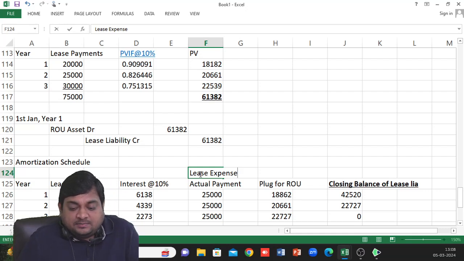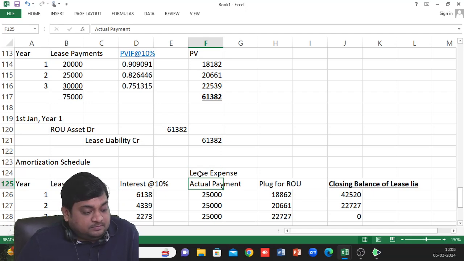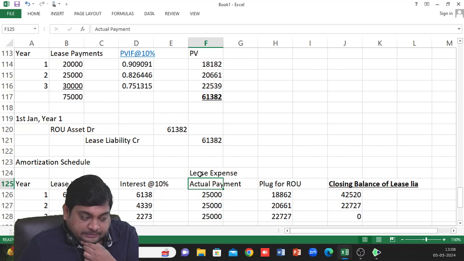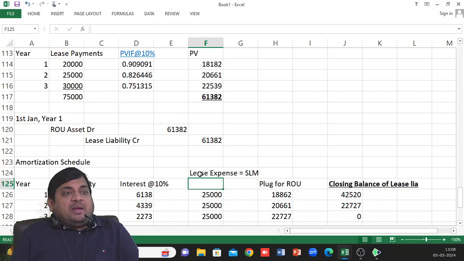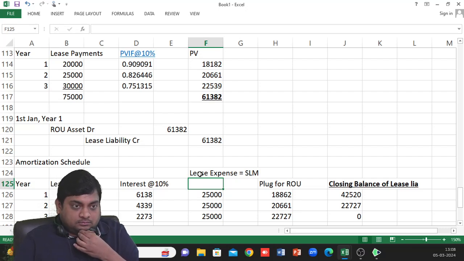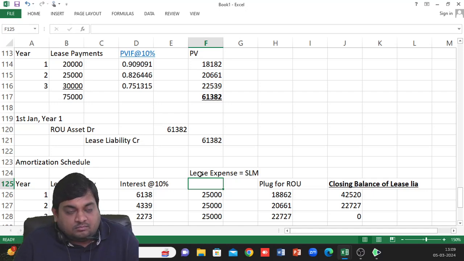This is expense. So we cannot call it an actual payment. Is it fine?